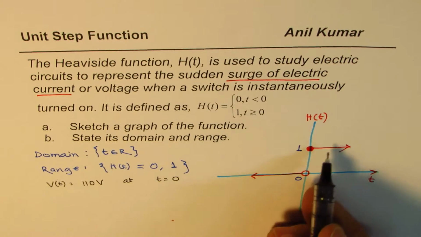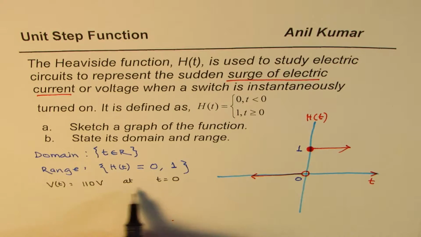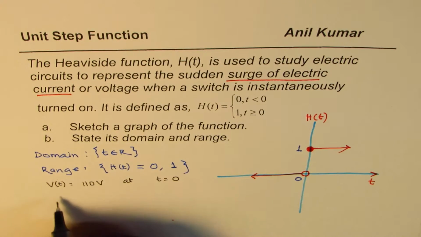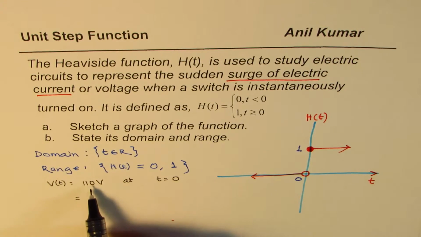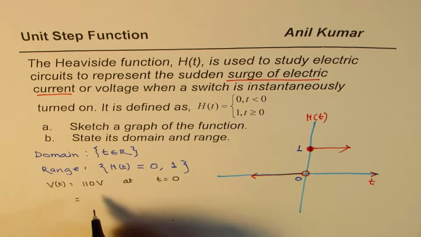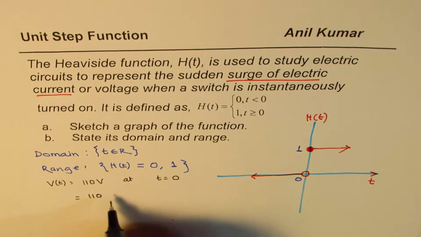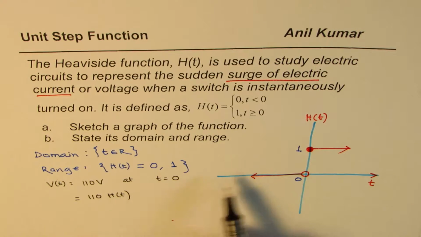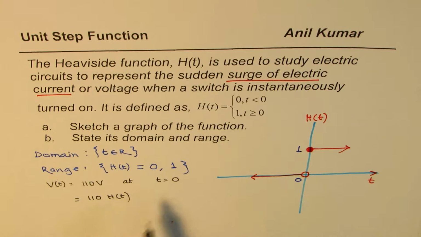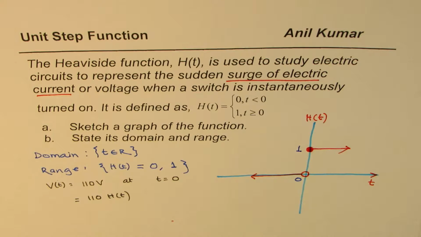We could write this as the magnitude multiplied by h of t. So it is 110 times h of t. Do you see that? So that is how you could use this function very easily. Perfect. So that is a good application, and it helps to solve some electrical circuit questions.